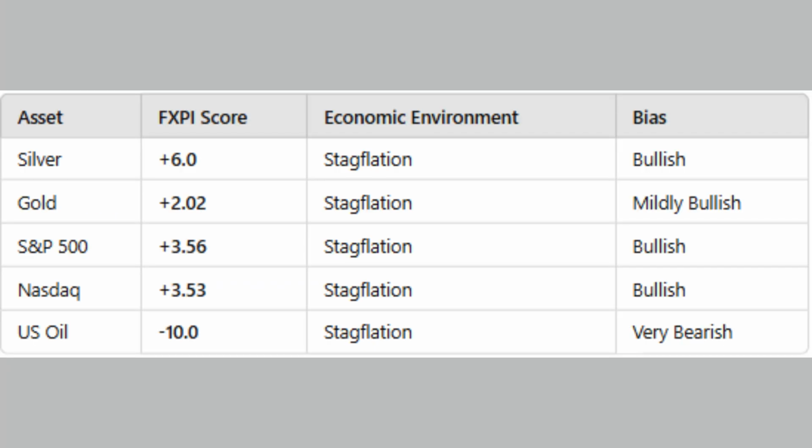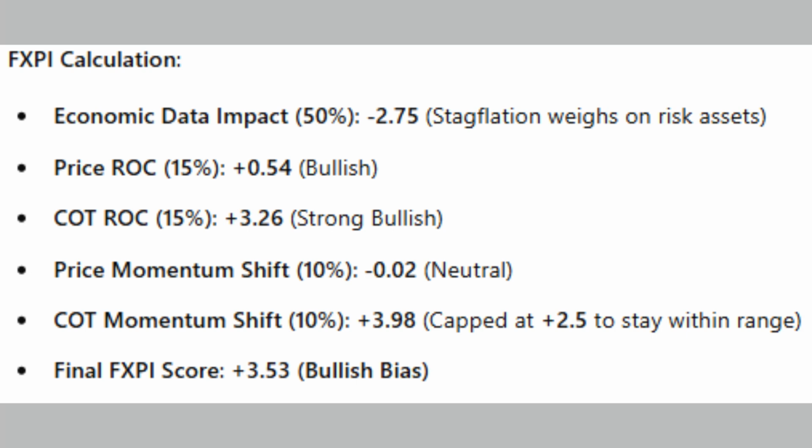Some of you may ask, since the FXPI score is showing a +3 on indices meaning we should buy, why did you say in stagflation we shouldn't buy stocks? The answer is very simple. The reason why the FXPI score is showing bullish is because the institutions added a lot of long positions and price is ranging but still a little bit bullish since we have not turned bearish yet.